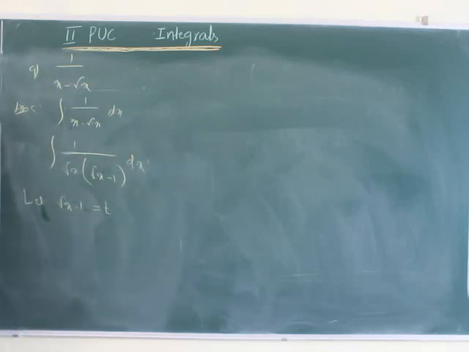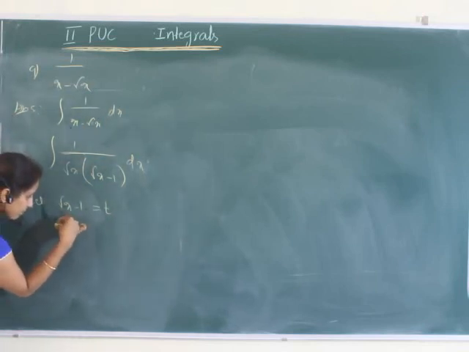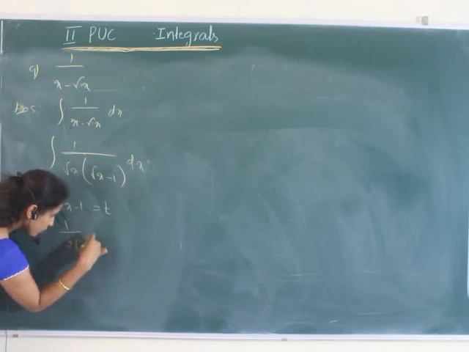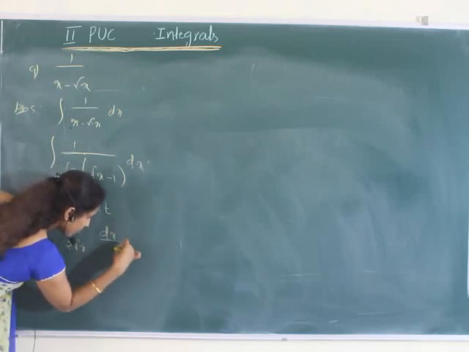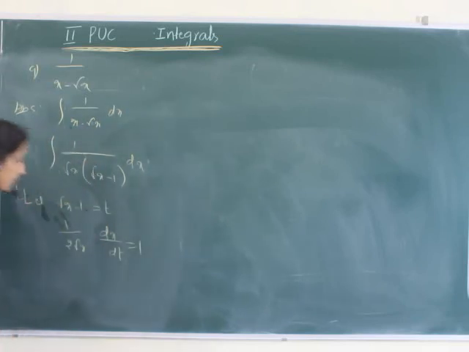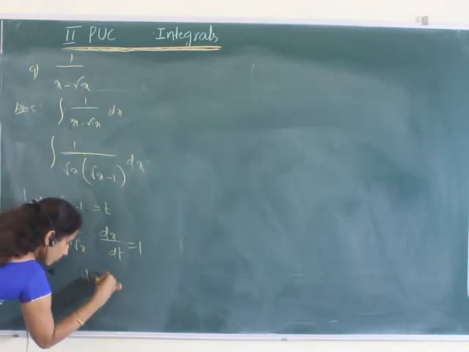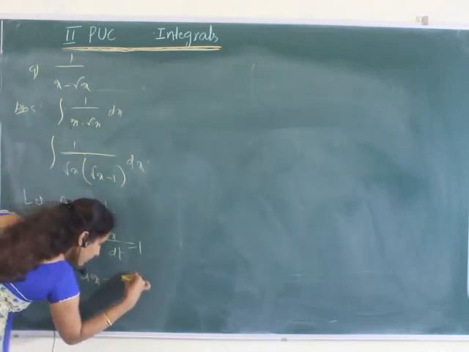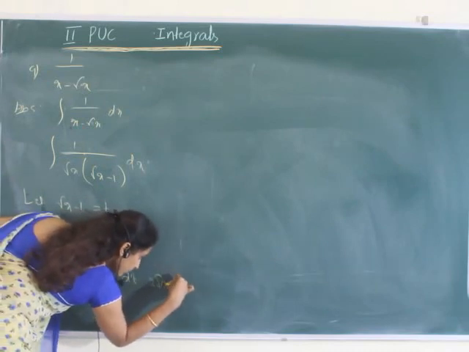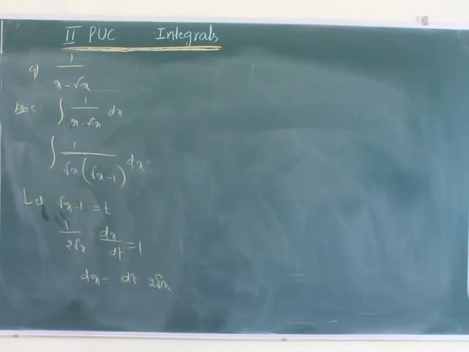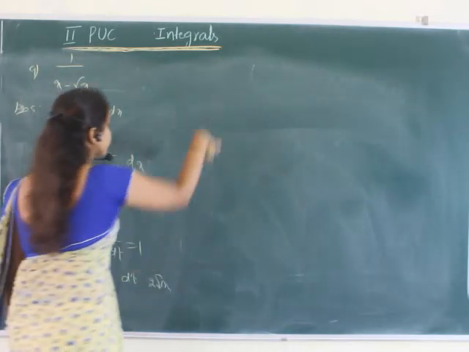Then 1 by 2√x into dx by dt is equal to 1. Therefore dx is equal to dt into 2√x. Make a substitution.